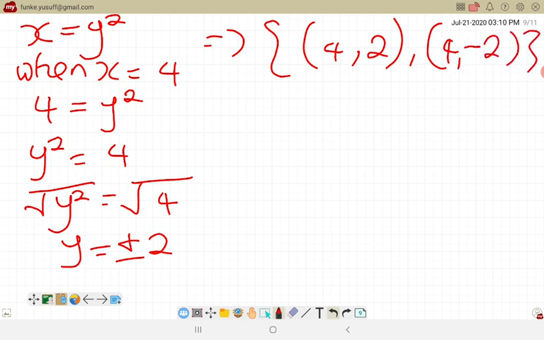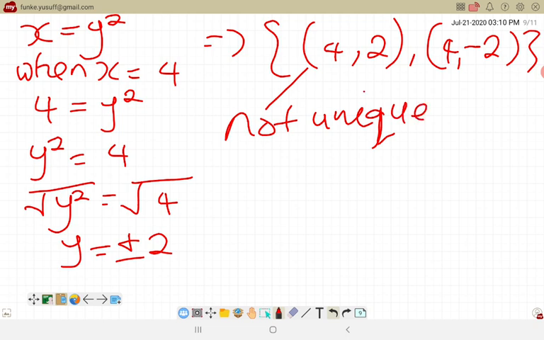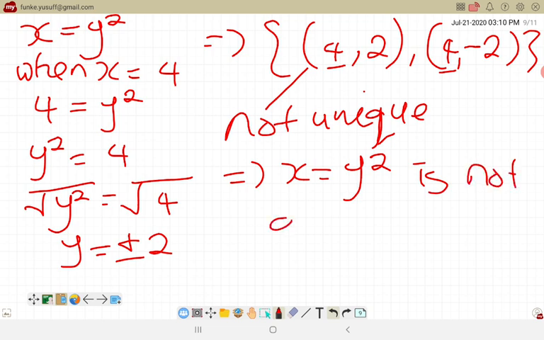Can you see? So this is not unique, because the same value of x, which is 4, is giving us two different values of y. Okay, one element of the domain is giving us two elements in the range, which is not supposed to be. So we then say that x equals y squared is not a function. Are you following?